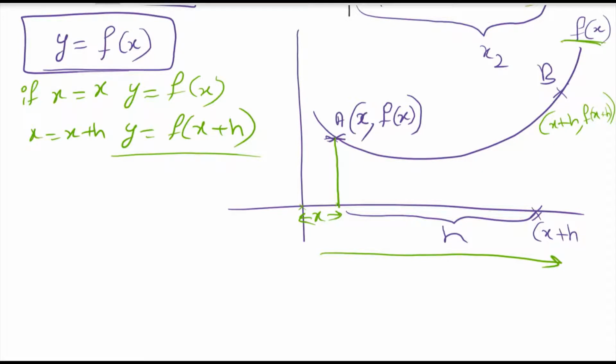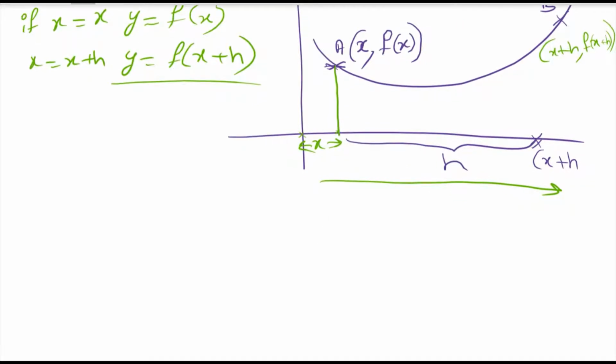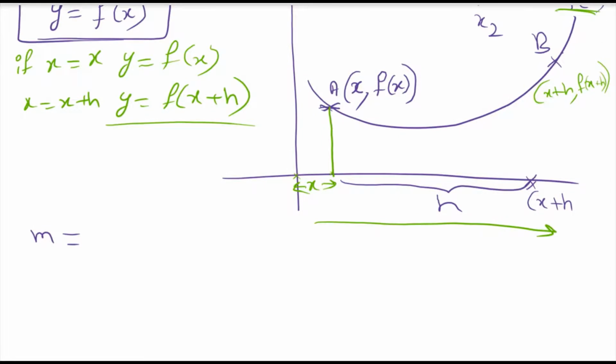If we apply the concept of slope for this, slope m will be equal to, here this is my x1, this is my y1, this is x2 and this is y2.